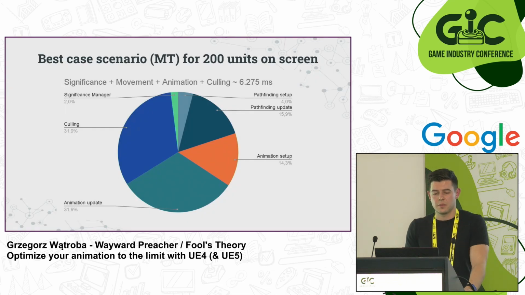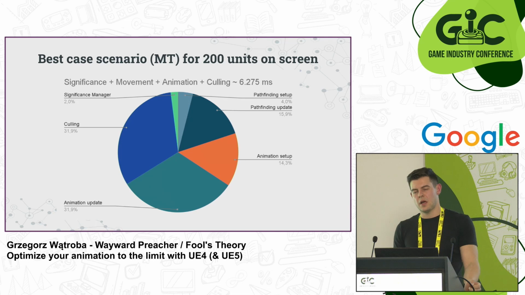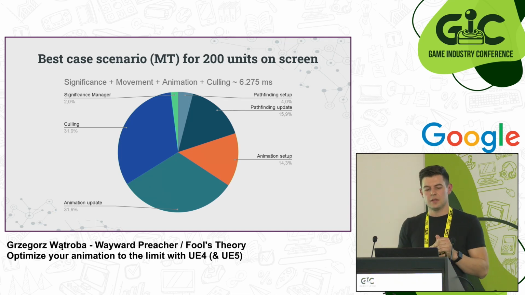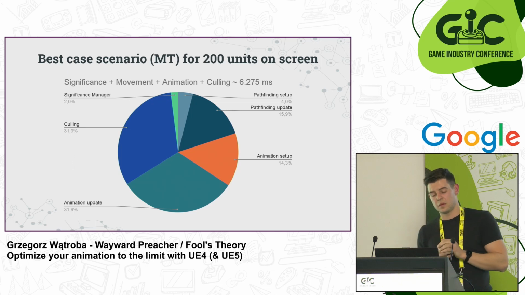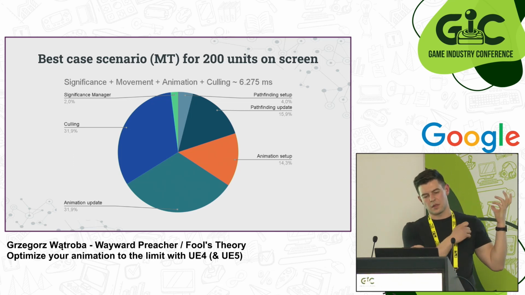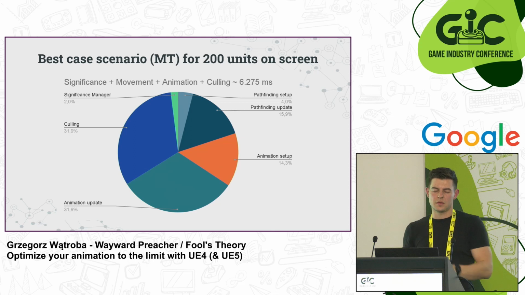So this is the general cost of the things we are working on, and you can see here how the calculation spreads out. As you can see, the Significance Manager is really cheap, and actually, to my surprise, the culling in all of those calculations we were focusing on is quite costly.